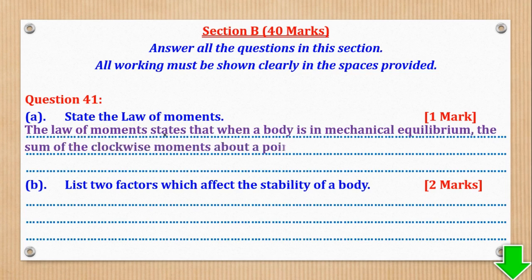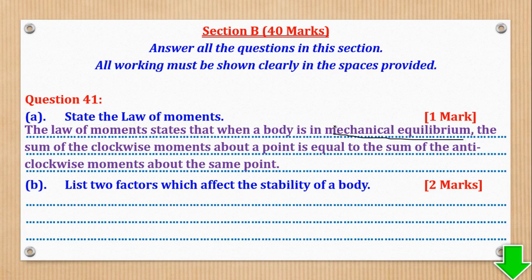So the law of moments states that when a body is in mechanical equilibrium, the sum of clockwise moments about a point is equal to the sum of anti-clockwise moments about the same point. So you need to see the word clockwise moment, the word anti-clockwise moment, and the word same point.